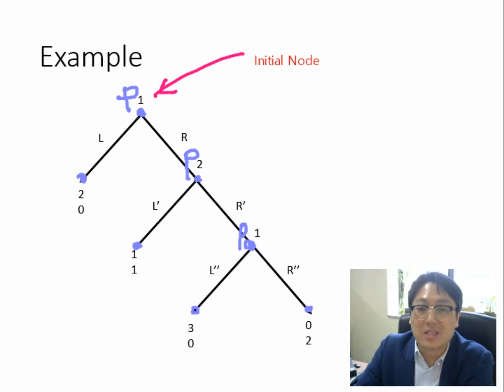So what we can see here is that at this node, I will call these nodes A, B, and C. Between these nodes, there are time differences.